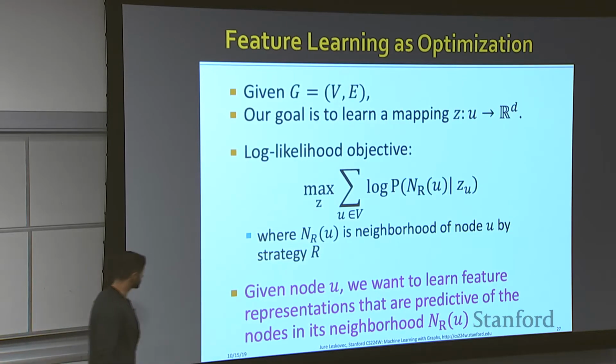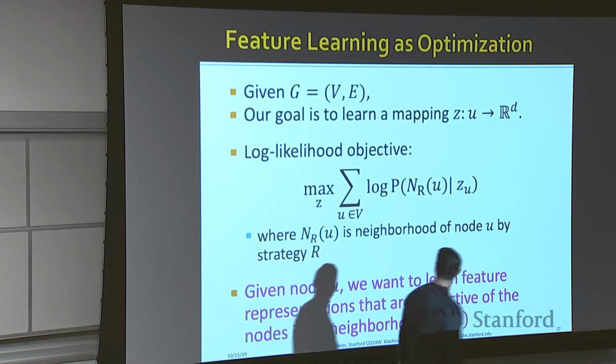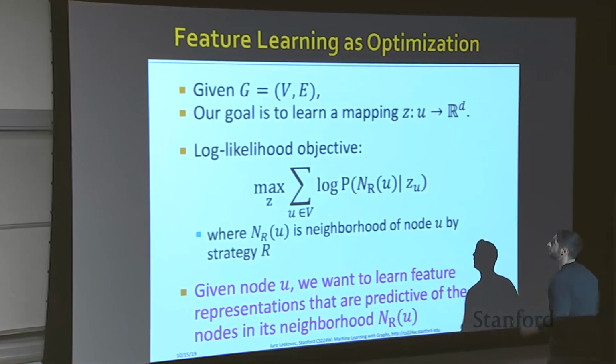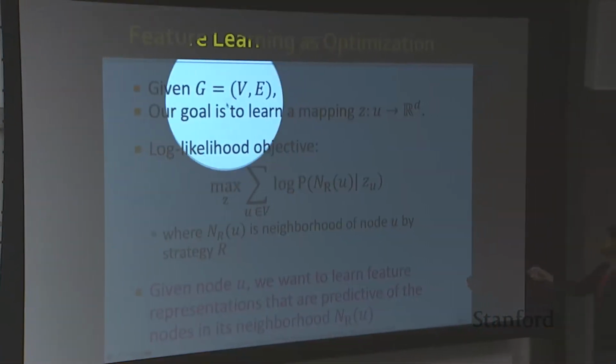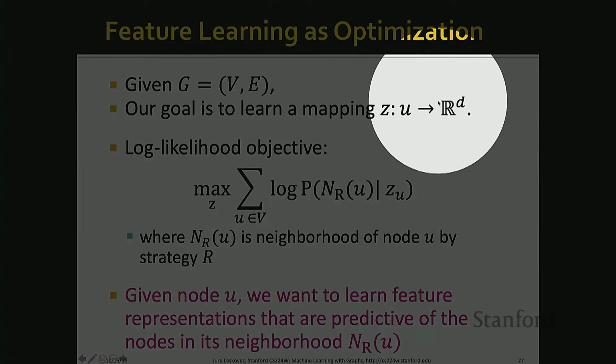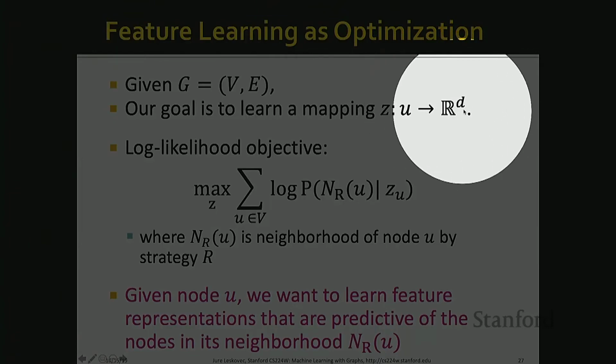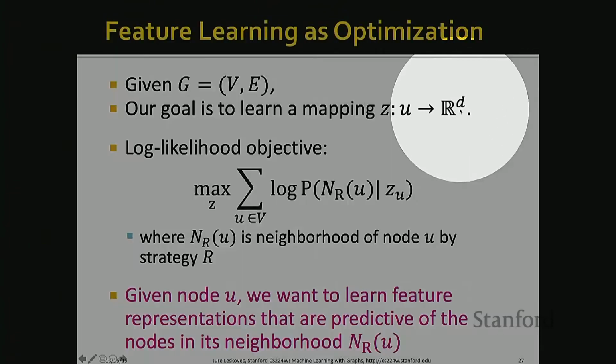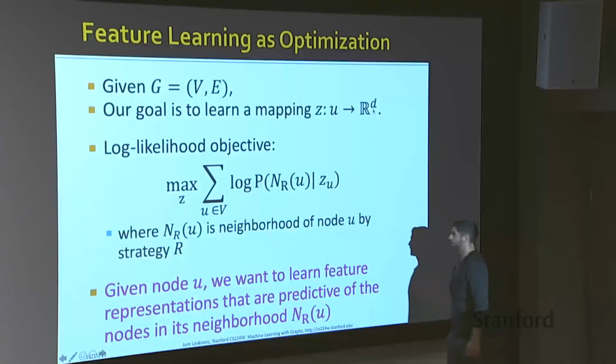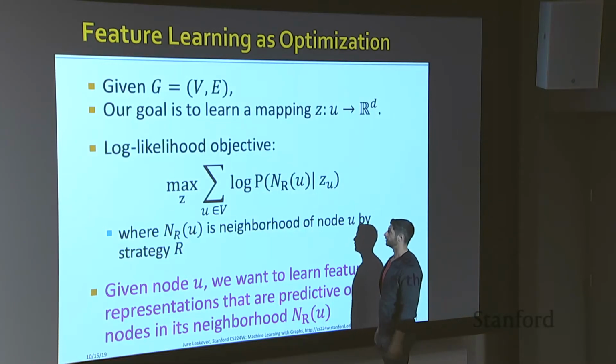All right, so let's start to formalize this a bit more. Once again, we have our graph G. The goal is to learn our mapping, so from nodes we want to go to our d-dimensional embedding space. Now we can express our objective in terms of log likelihood.